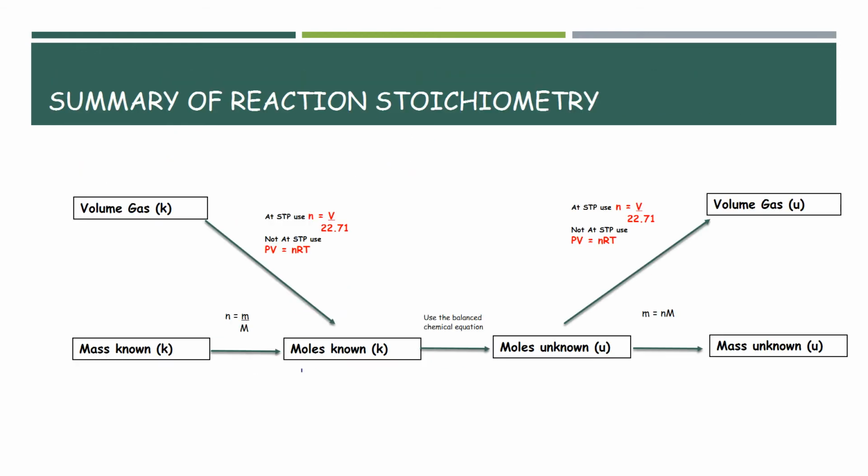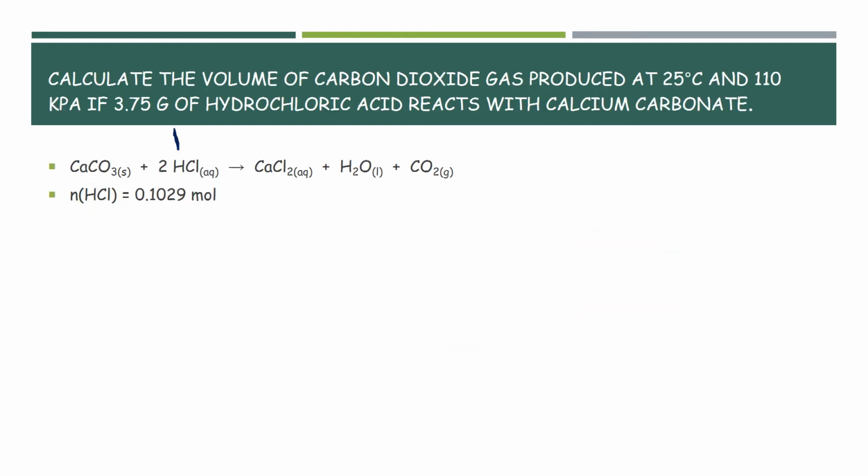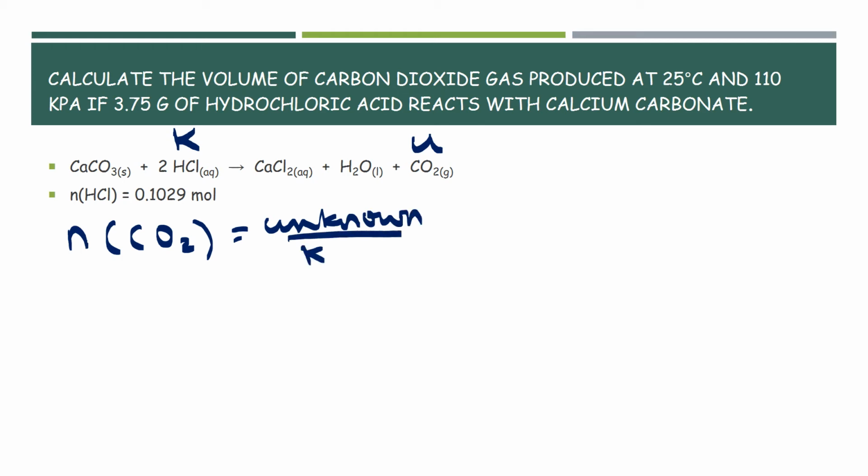Okay, so now that we've got our moles known, we need to find our moles unknown. And to do that, we need to use our balanced chemical equation. So remembering, our known is our hydrochloric and our unknown is our carbon dioxide. So the number of moles of carbon dioxide will equal unknown over known times the moles of the known. And the moles of the known in this case is hydrochloric.